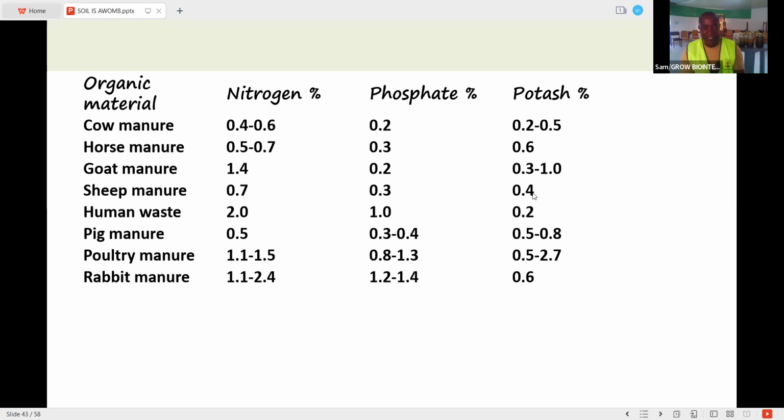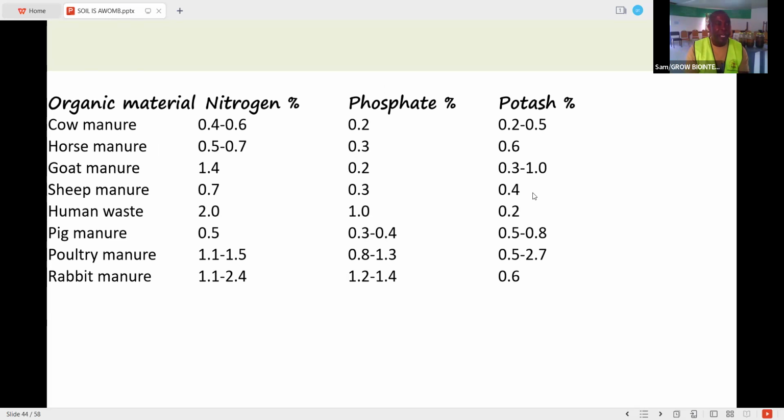Human waste, we call it human manure, is the best manure on earth. And the future of soil fertility will depend on human waste. And that's the thesis. It is the best. It has 2% of nitrogen as compared to what I've displayed there.